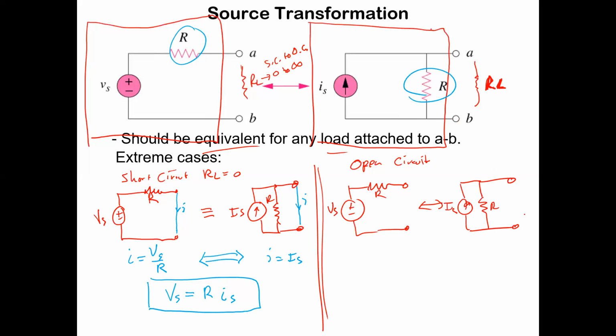And these terminals, which are A and B, we could imagine this voltage VAB here.